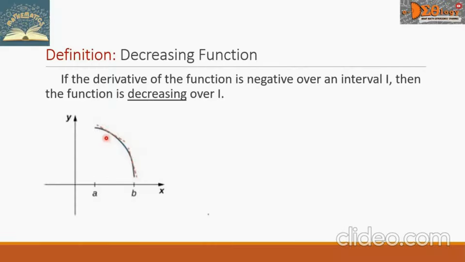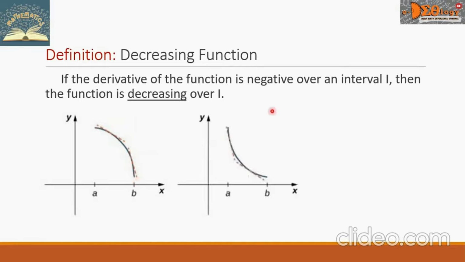We can see here also two examples of tangent lines. This is the first tangent line, and this is the second tangent line. Both are dotted. We can observe that the tangent lines are leaning to the left. It gives us idea that the slopes of these tangent lines are negative.